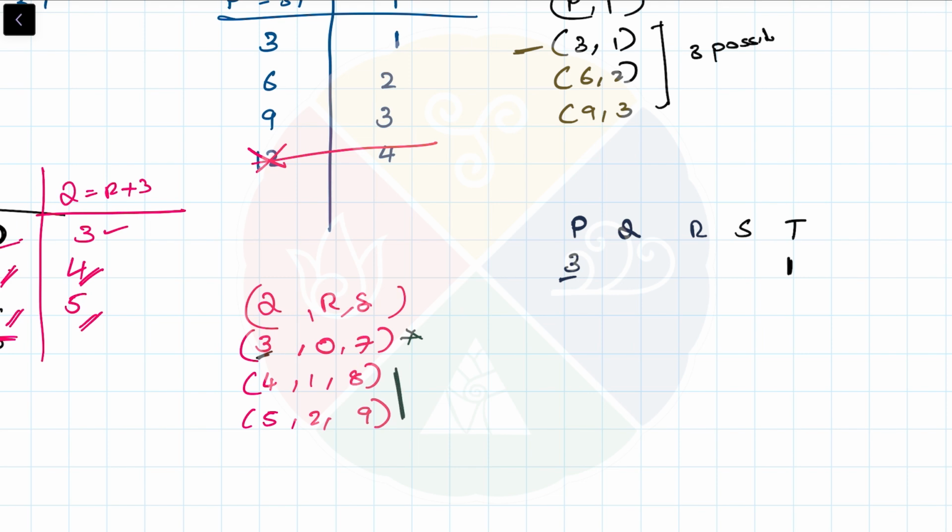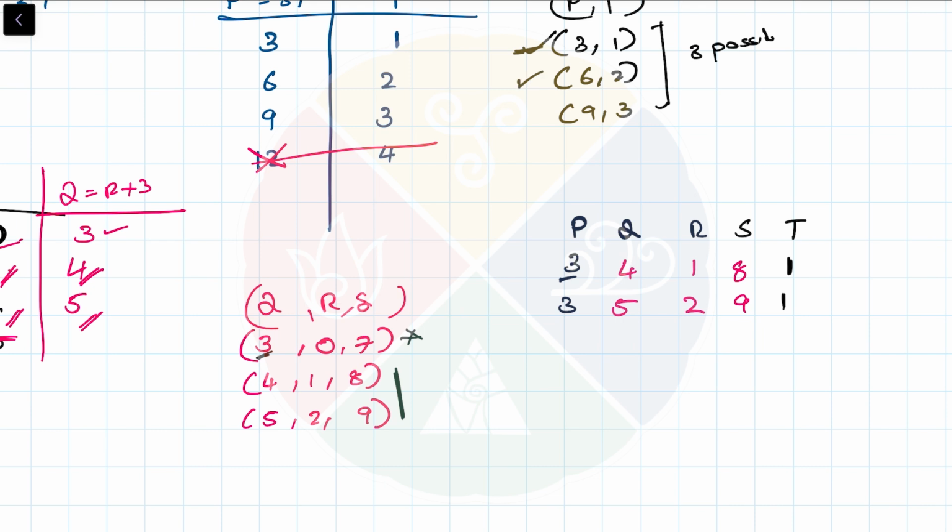We can give these two values for Q, R and S: Q will become 4, R 1, S 8, or Q can become 5, R 2, S 9. And these values are 3 and 1 again. So this combination is done.